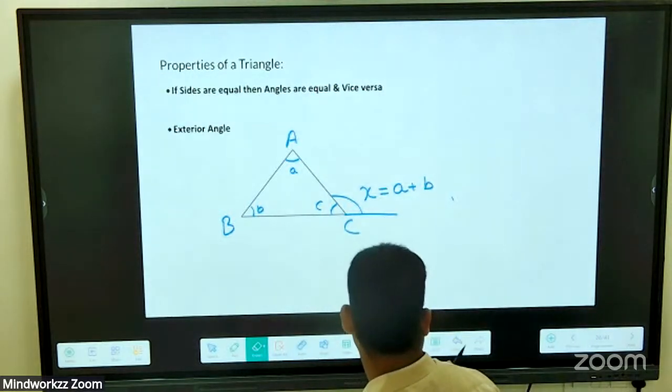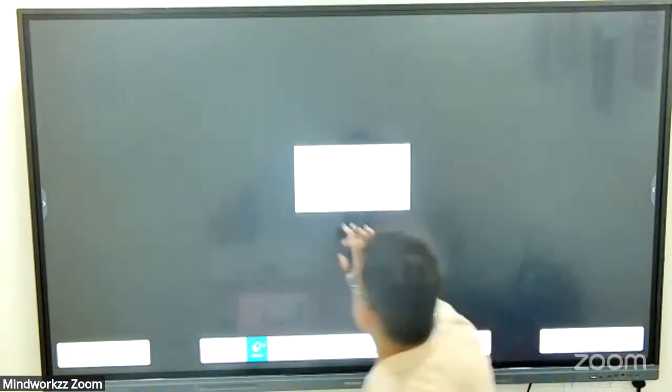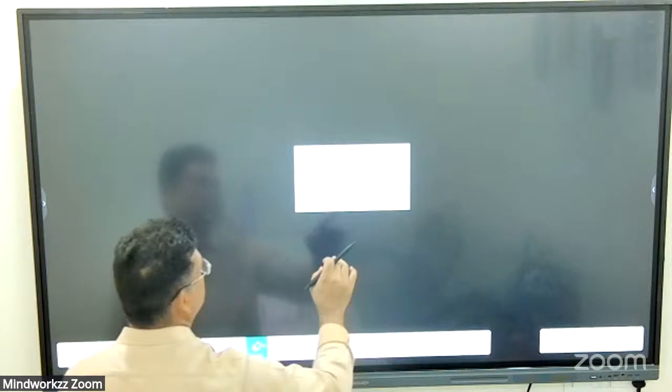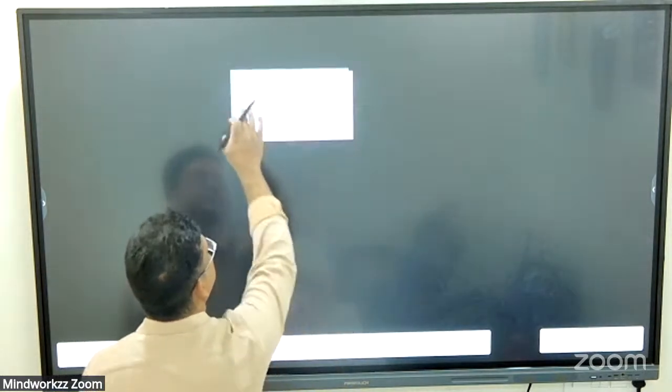Let's move to some good questions based on this. I'll give you 1 minute to solve this very simple question based on the two properties which I have given you. So try solving this.